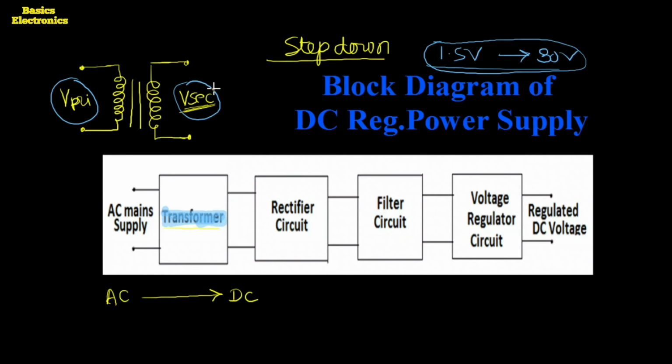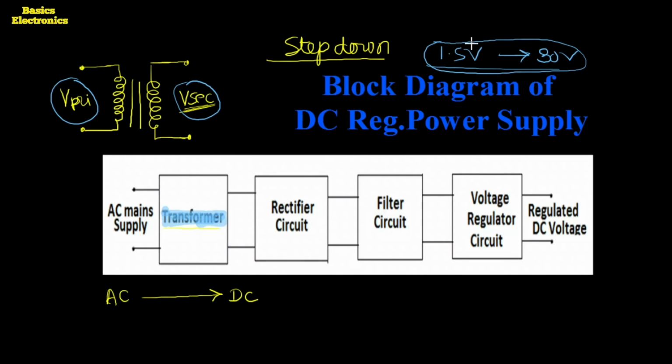Now, if we use a step up transformer, it is very hard to reduce the voltage to less than 30 volts. Therefore, we prefer the step down transformer on the AC main supply.